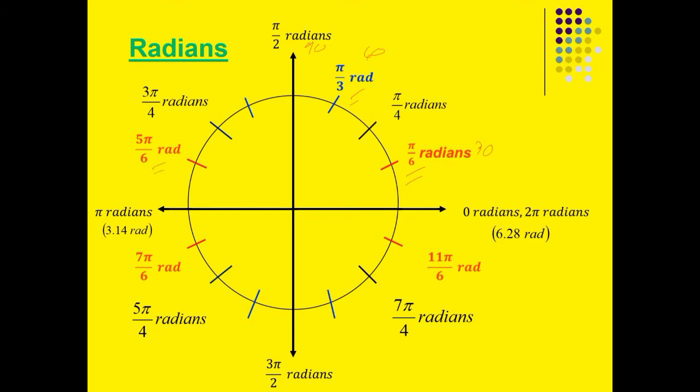Another set of 30, so 90 plus 30 is 120, which is equivalent to 2/3 pi. Then we have 7 pi over 6 radian, then 4 pi over 3 radian, and 5/3 pi radian.